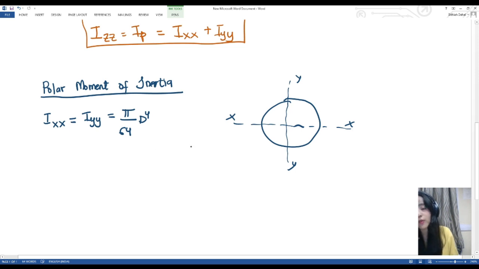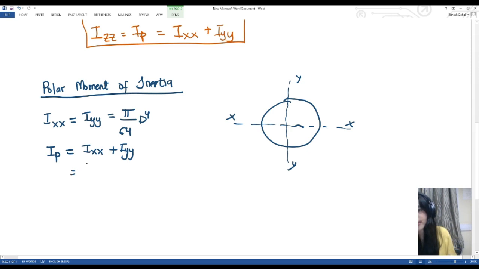So this was the moment of inertia of the solid circular section. Now if I want to find the polar moment of inertia of this circular section, IP will be equal to Ixx plus Iyy.